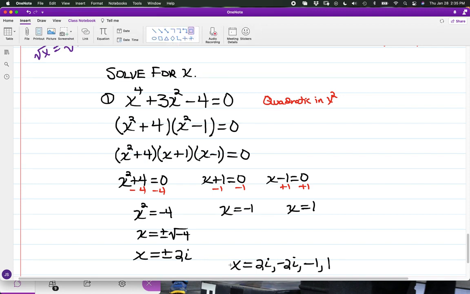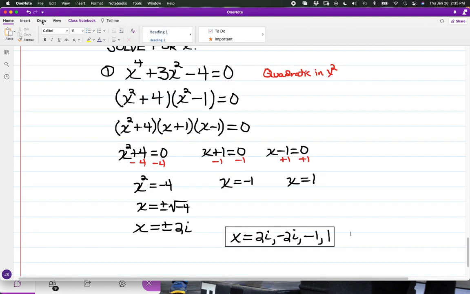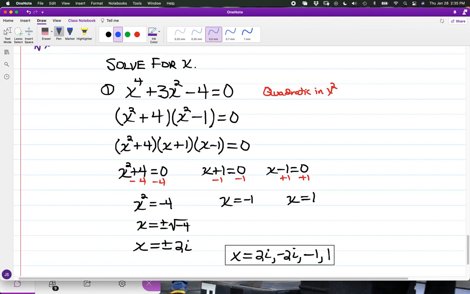And let me mention here for what we had here with x to the fourth, especially if the equation is a conditional, with the degree of the variable being 4, this means you could possibly have 4 solutions, and we did in this case with 2i, negative 2i, as well as negative and positive 1.